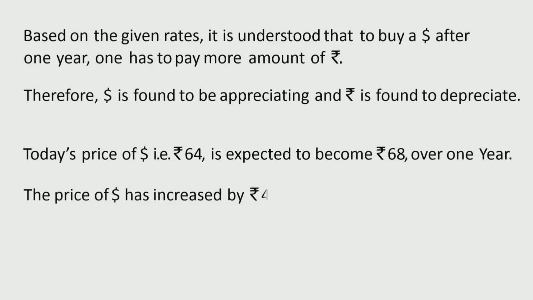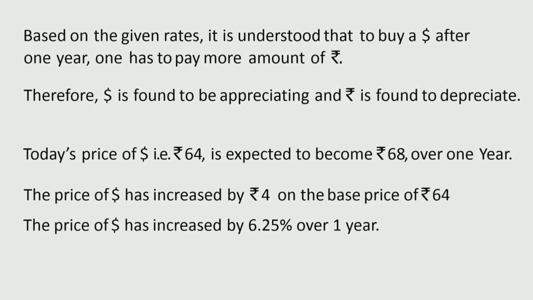The price of dollar has increased by rupees 4 on the base price of 64. So the increase is by 4 and the base price, which indicates the spot rate, is 64. So 4 is what percentage of 64 is what you have to find. Simply 4 by 64 into 100 would give you 6.25%. So we would say the price of dollar has increased by 6.25% over 1 year. Alright, let us move ahead.